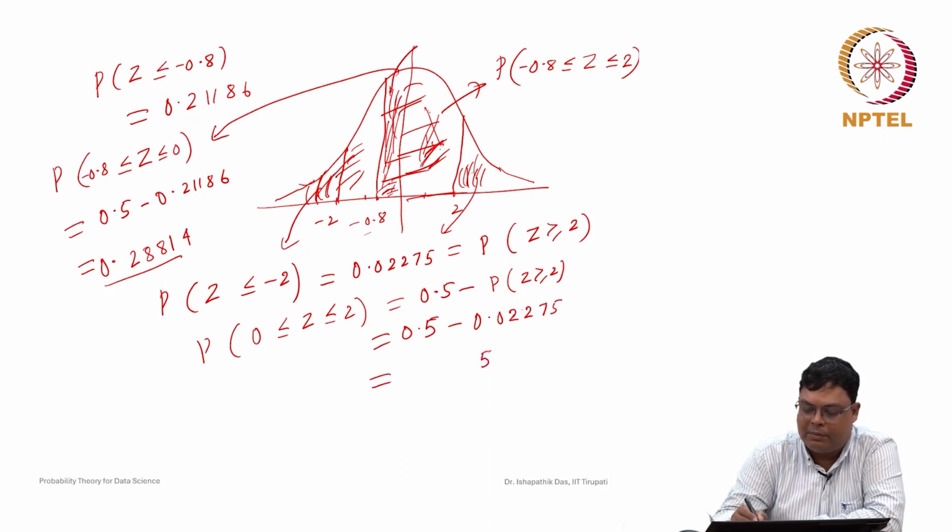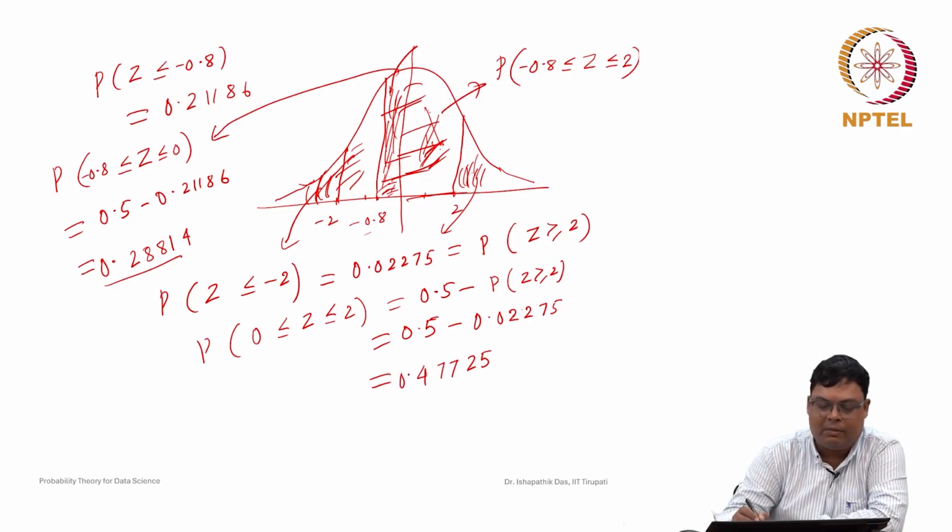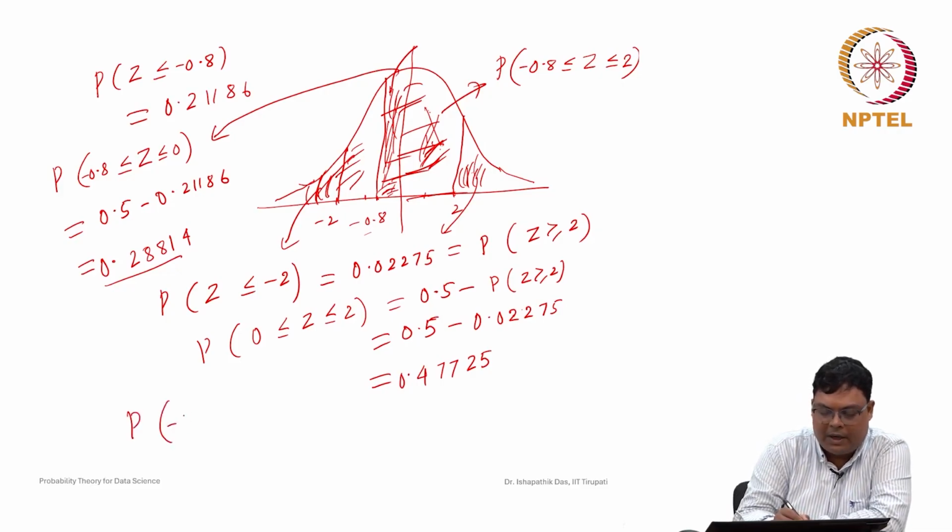So, this is how we can compute. We just have to subtract, and we get 0.47725. So, this probability we found. Now, finally, how will we find the probability that minus 0.8 is less than or equal to z less than or equal to 2?